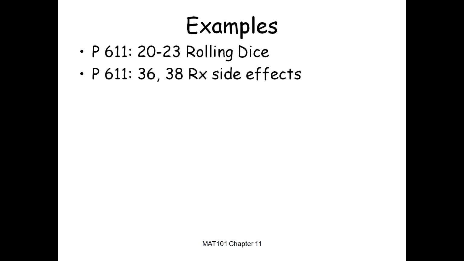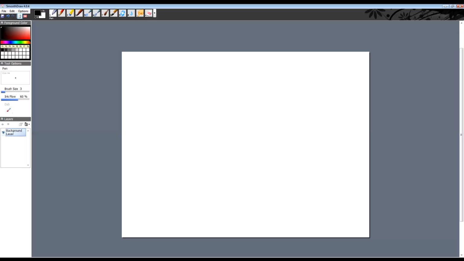Page 611, number 20, binomial probability applied to rolling dice.